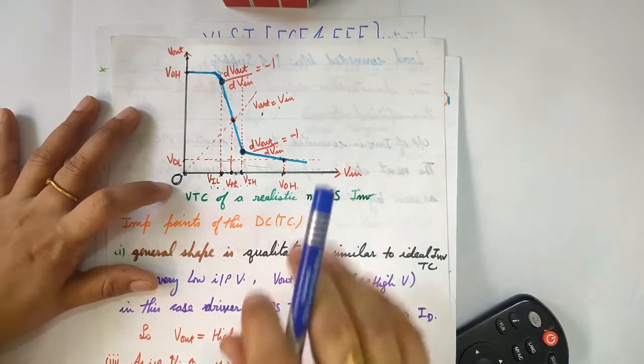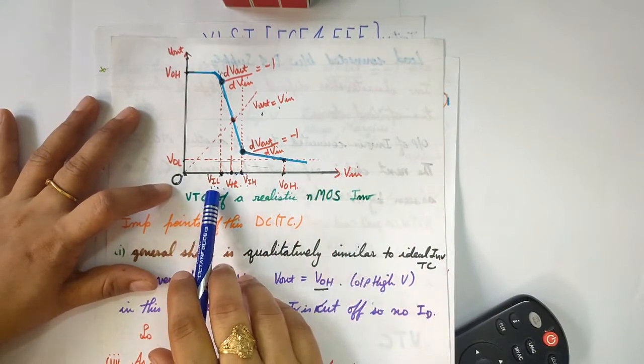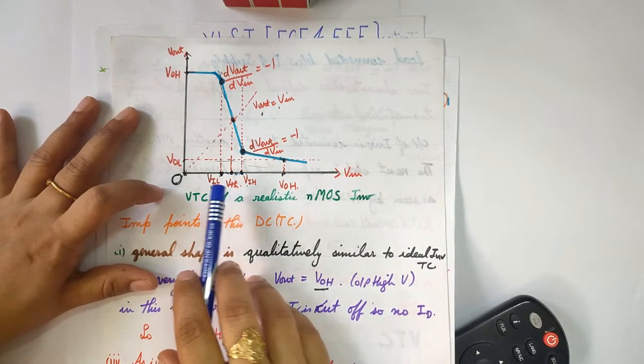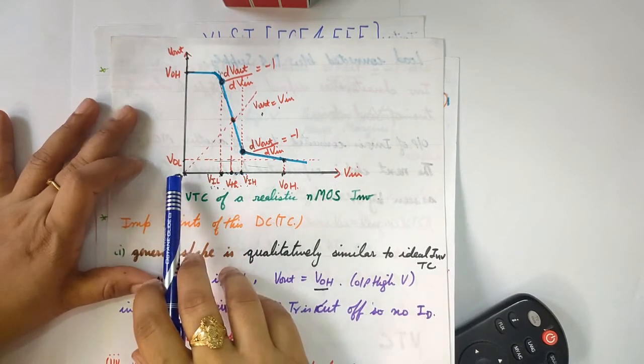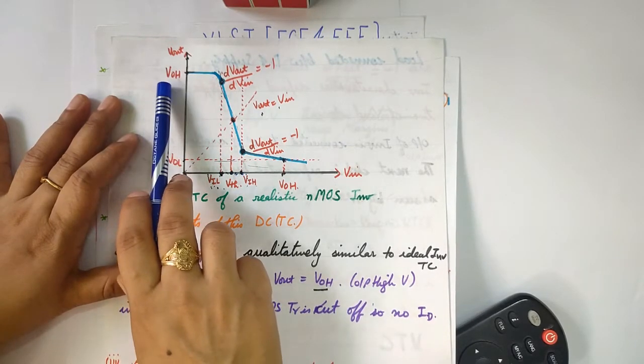So these are the important critical voltages, and you can understand that VIL is the maximum input which is treated as 0. VIH is the minimum input which is treated as logic 1. Similarly, VOL is the maximum output which is treated as logic 0, and VOH is the minimum output which is treated as logic 1.